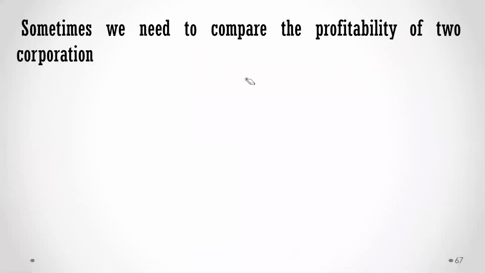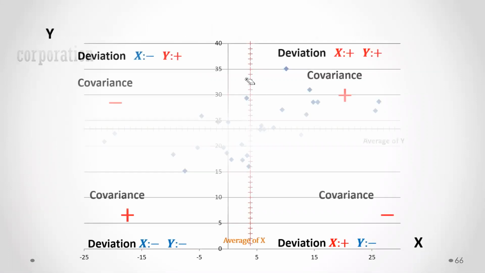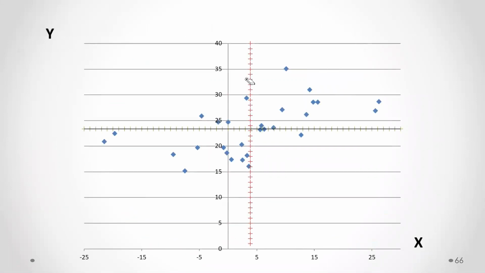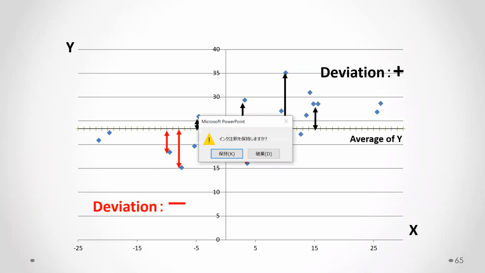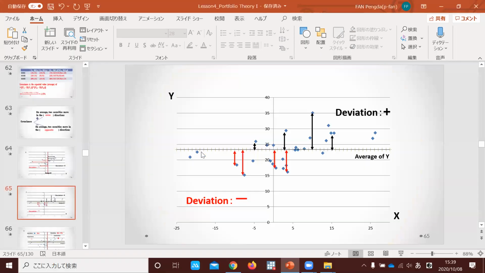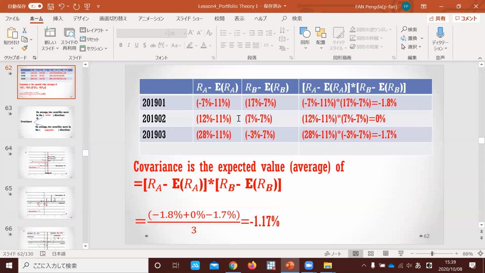And after introducing the covariance, we need to introduce another convenient measure, which is called correlation. So for example, in the previous case, we already calculated that stock A and stock B have a covariance of minus 1.17%.